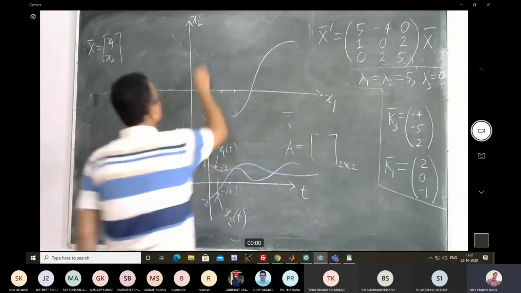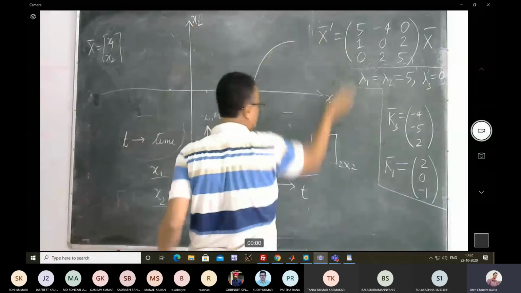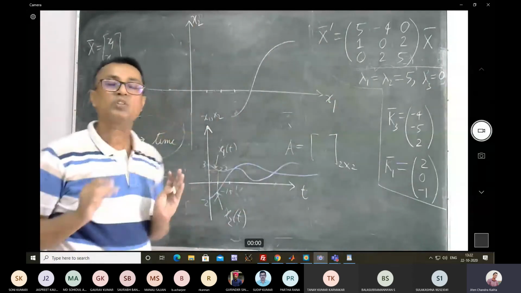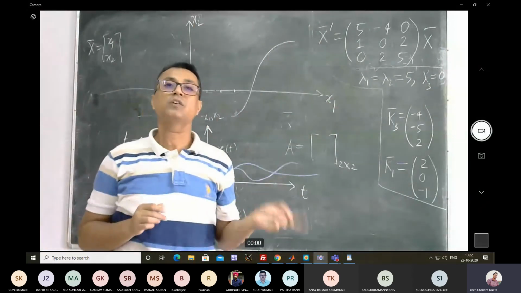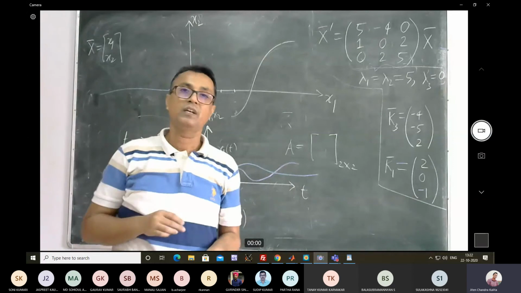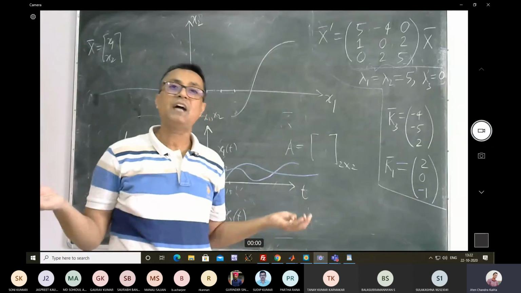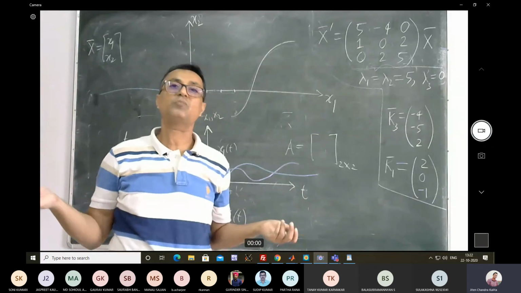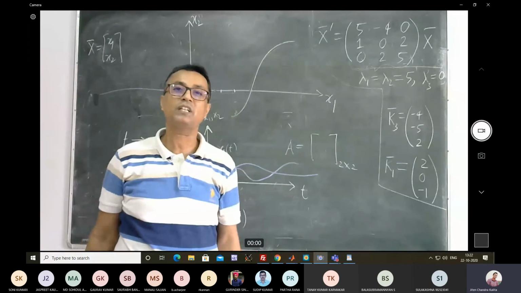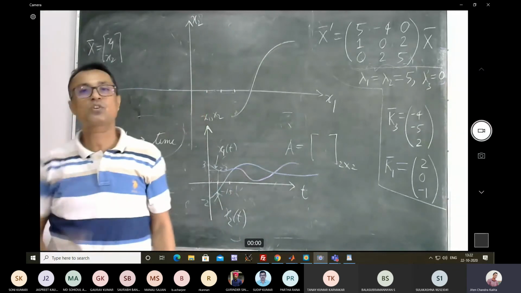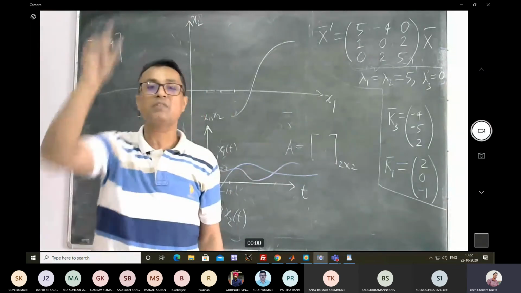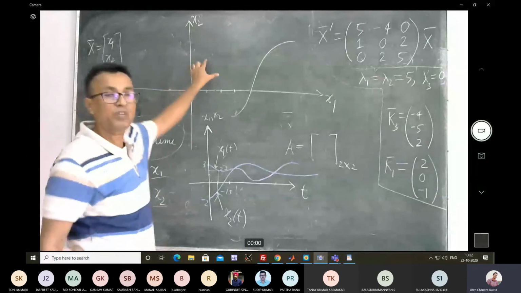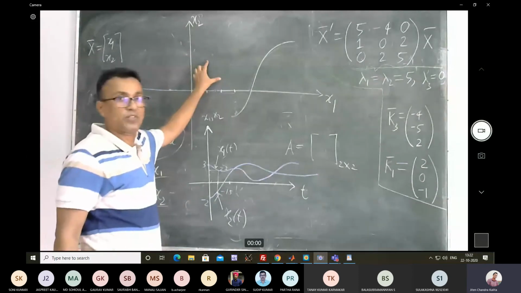This plane where I am plotting all the trajectories is called the phase plane. If I am considering a function of 3 variables, say the trajectory of a particle in 3-dimensional space, then this is going to be called a phase space.